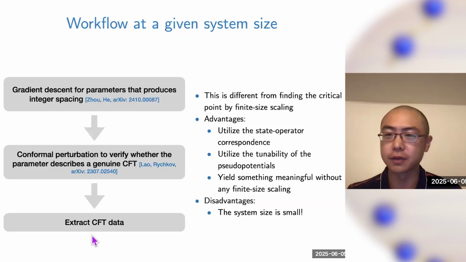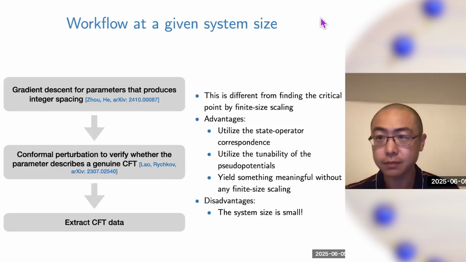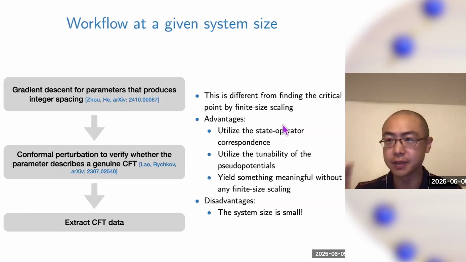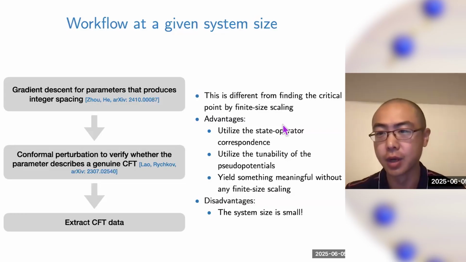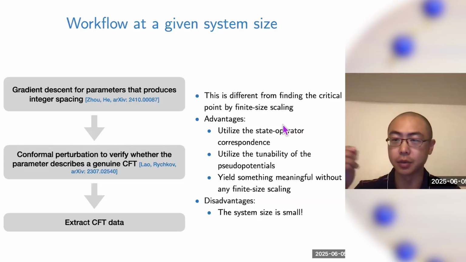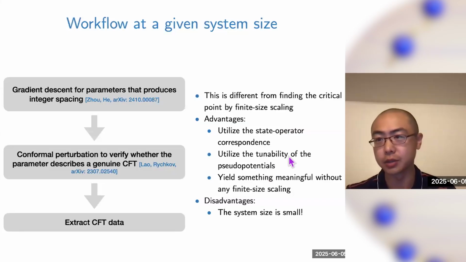So this is kind of different from finding the critical point by finite size scaling. The advantage is that it maximally utilizes the features of the fuzzy sphere setup, which are the state-operator correspondence and the very high tunability of the pseudo potentials.